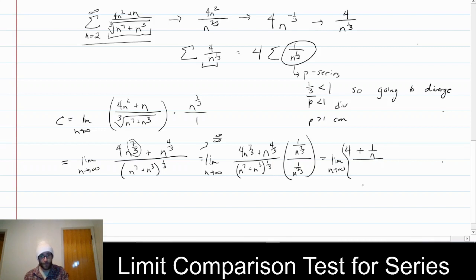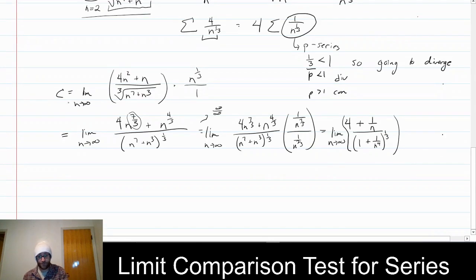Over, we can bring that 7/3 inside the cube root, and it just becomes n to the 7. So on the inside, we have 1 plus 3 minus 7. That's 1 over n to the 4th, to the 1/3. Okay. And now we can take our limit as we go to infinity.